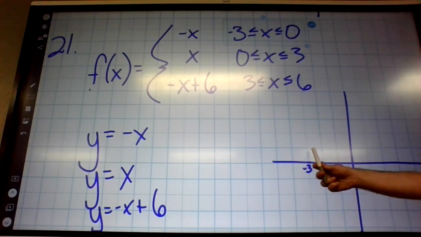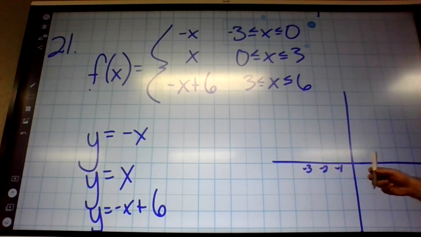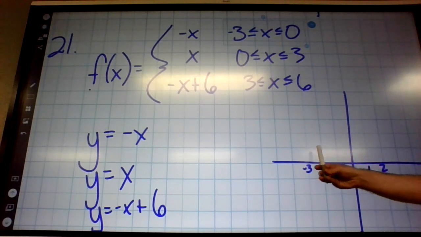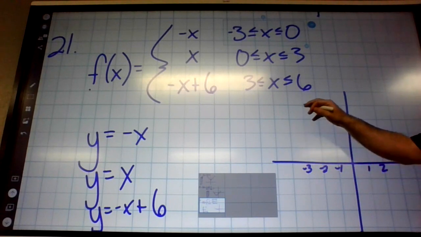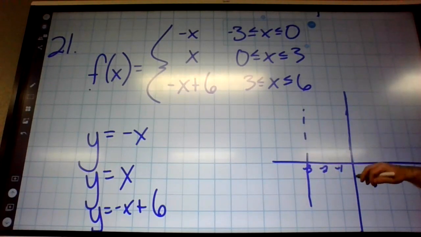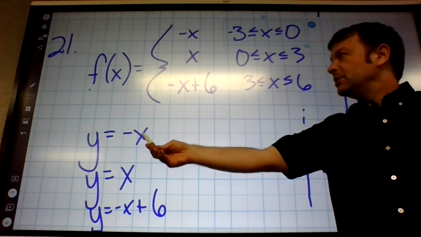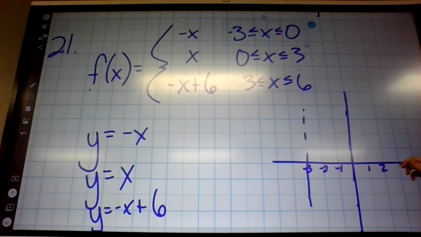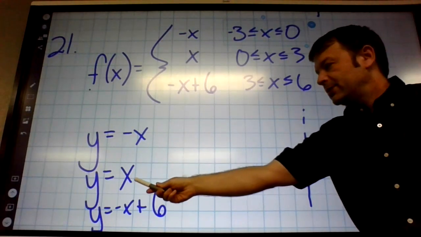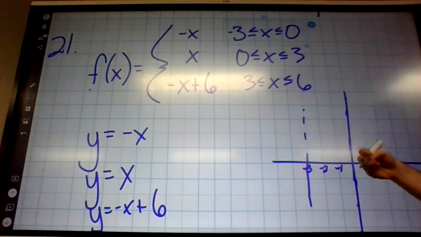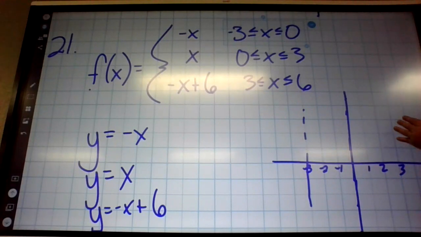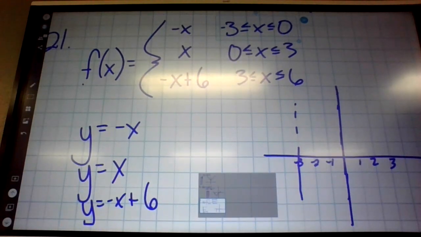Right there. That would be from here to here. It's like a number line, right? So for this section, between here and here, we're going to draw this line. From 0 to 3, that would be from here to here, we're going to draw this line. From 3 to 6, that would be out here to the far right, we're going to draw the last line.